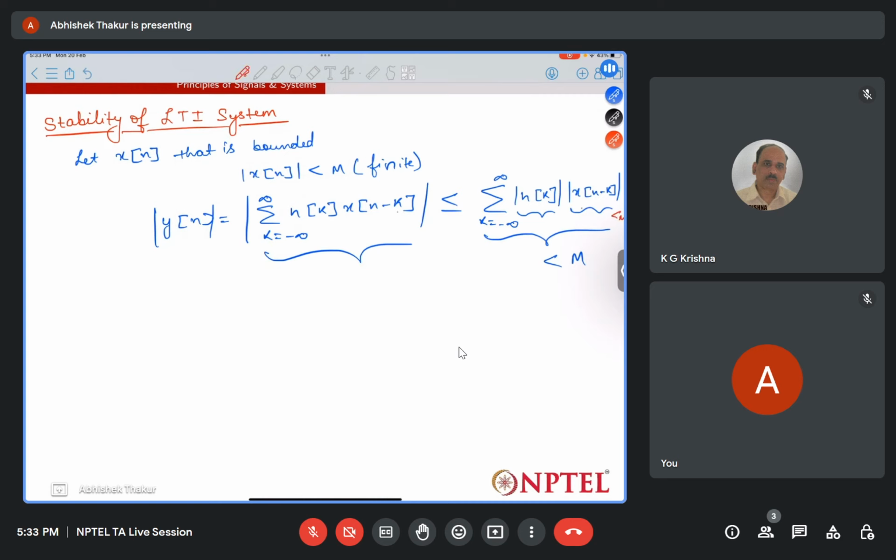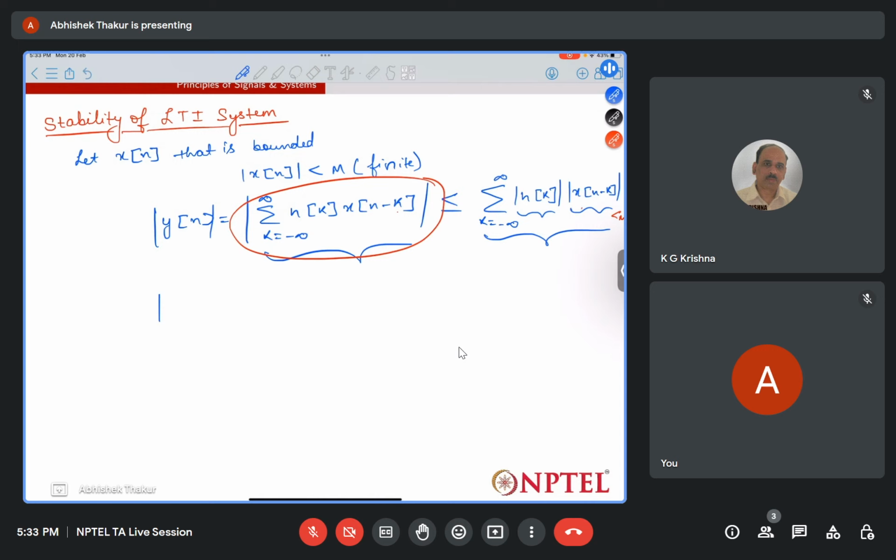Therefore the output is also bounded. Not M, let's take some other constant, because for the input we have taken M, so here we can take N or K, anything. So let's see what we have to do now.